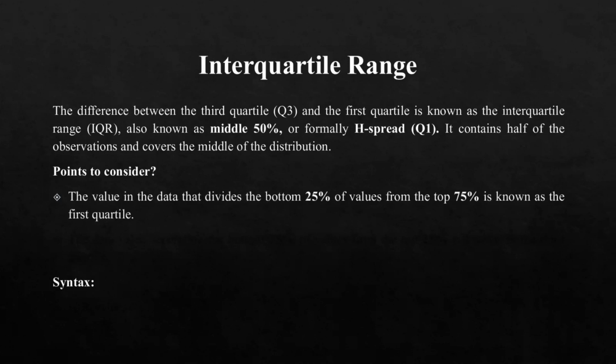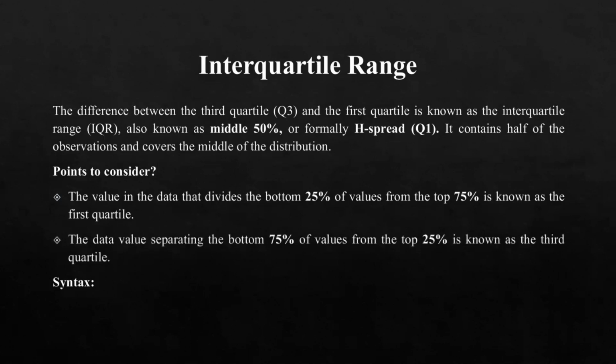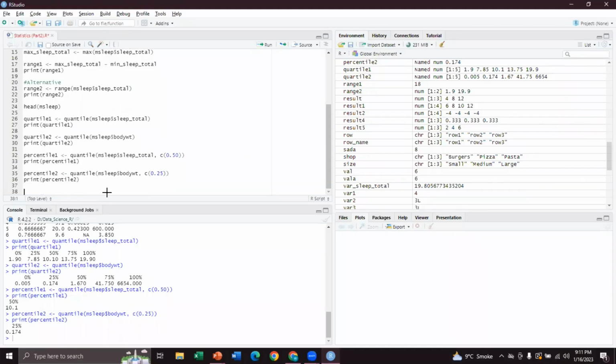The value in the data that divides the bottom 25% of values from the top 75% is known as the first quartile. The data value separating the bottom 75% of values from the top 25% is known as the third quartile. So let's see the syntax. Just use the IQR keyword and pass the values from the data frame or from the variable. Let's implement in RStudio.